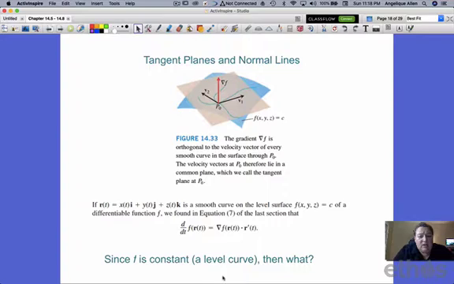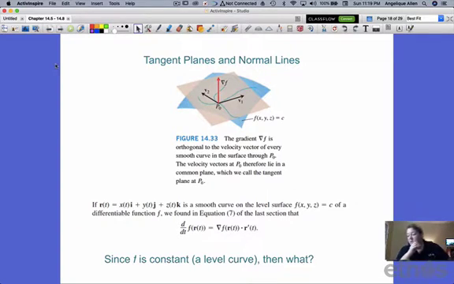But I want to ask this question down here at the bottom. Since f is a constant and equals c, the derivative of a constant would be 0. That makes the gradient f of r of t dot r prime of t, this is a dot product, equal 0.